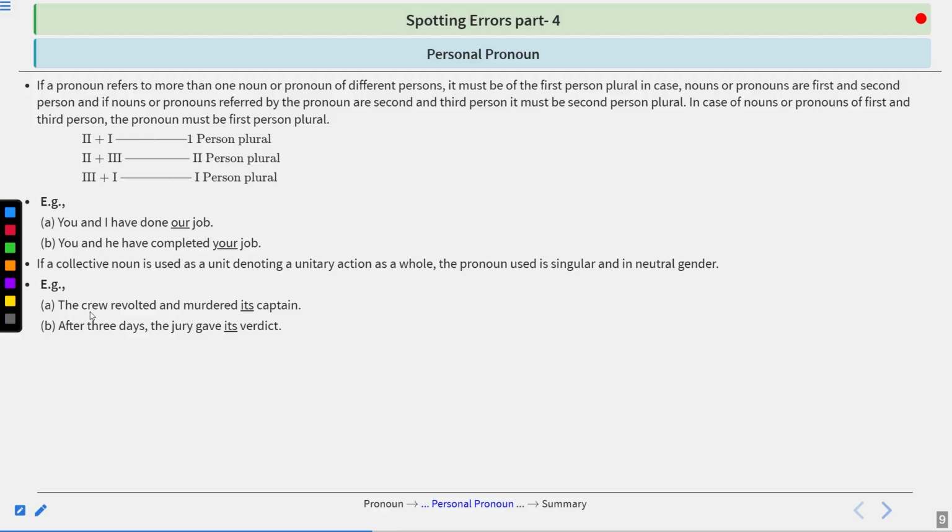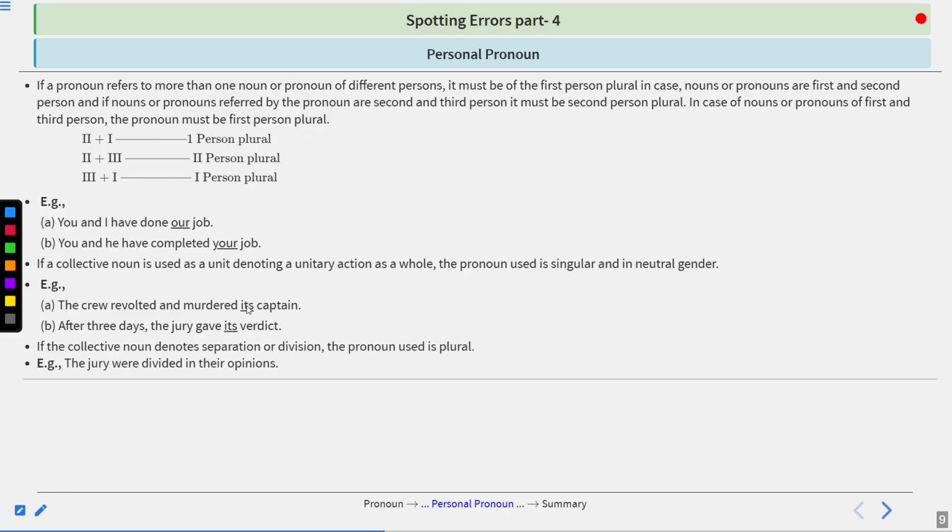But there is another case. If the collective noun denotes separation or division, the pronoun used is plural. The jury were divided in their opinions. So here, jury is a collective noun, and it has been used here separately. We are talking about separate members, because they were divided in their opinions.